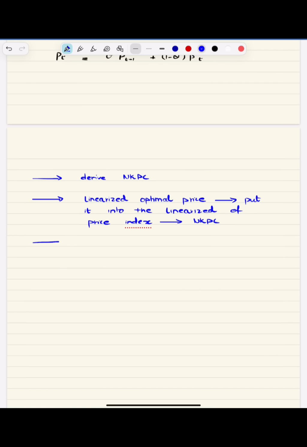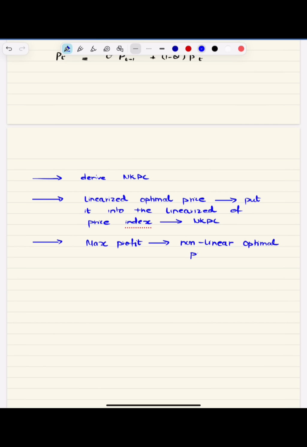The only issue was that you have to maximize the discounted value of profits, and that gives you the non-linear version of the optimal price, and you have to linearize it.